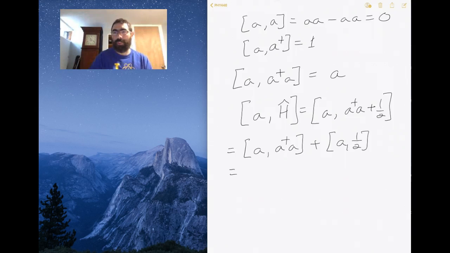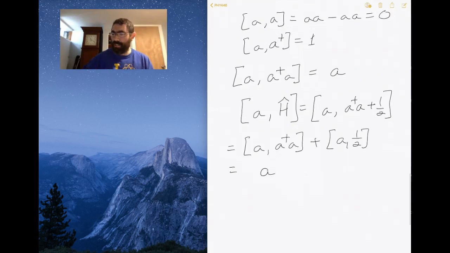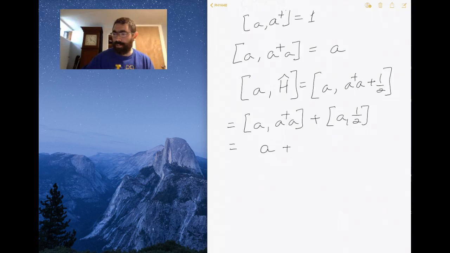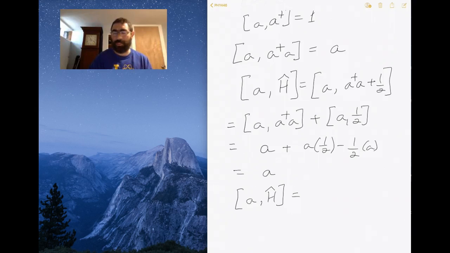So we said this first commutator we just worked out and said it was A. And this other one now is A times 1/2 minus 1/2 times A, which those two things cancel each other out, and we're left with A. So that means if I take the commutation relation of A with the dimensionless Hamiltonian, I get A back again.